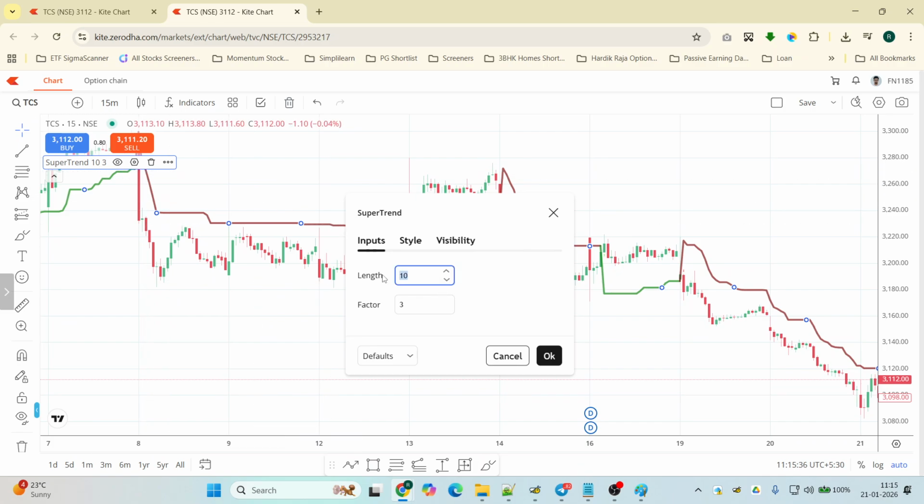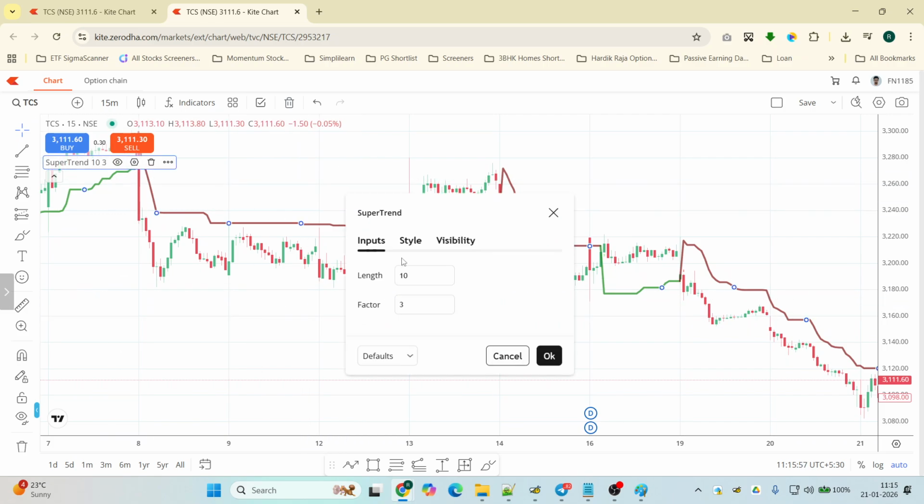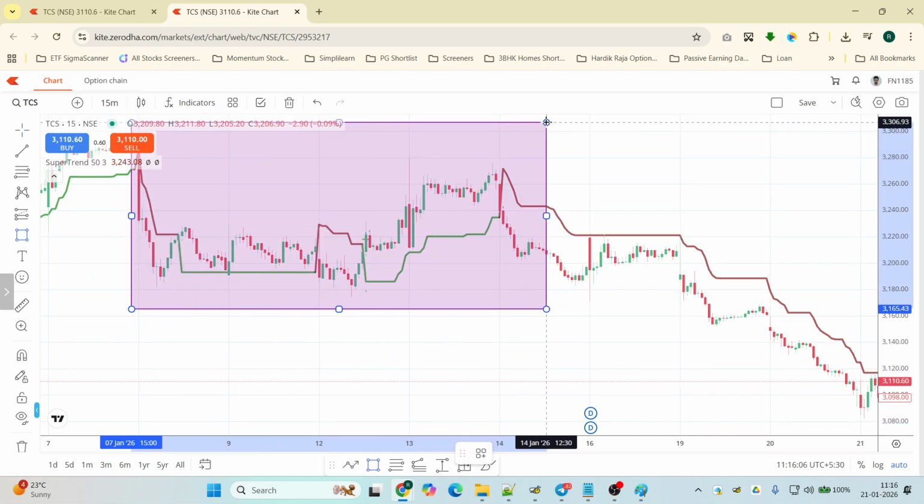The super trend indicator continuously calculates the low of the previous 10 candles, and multiplies it by the number 3. So the low will be moved by the 3. Okay, now just observe, guys, suppose I change this input to say 50, just see the chart carefully.